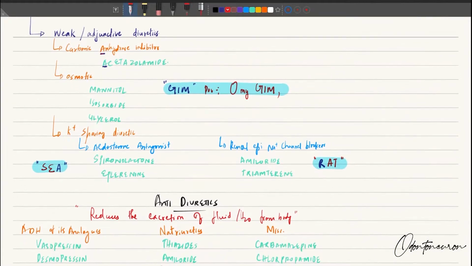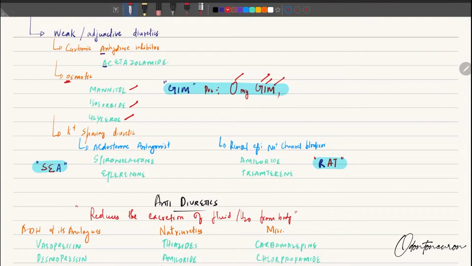Next is osmotic diuretics. My favorite mnemonic, which I made this morning, is OGIM. O is for osmotic, G is for glycerol, I is for isosorbide, and M is for mannitol.